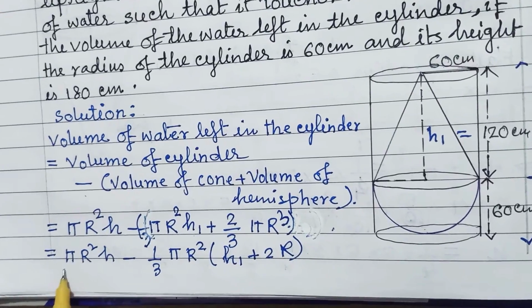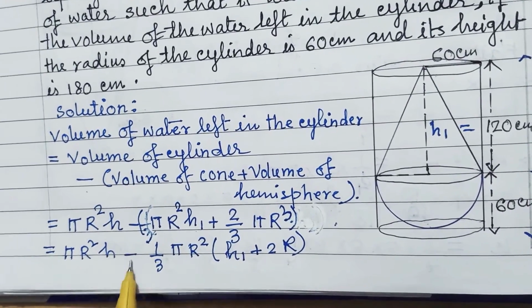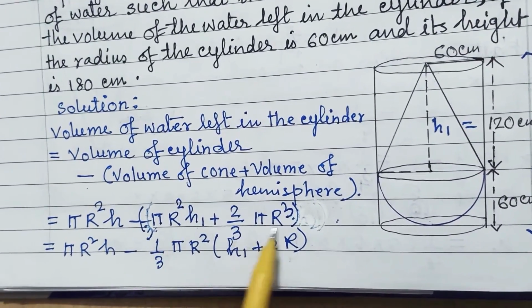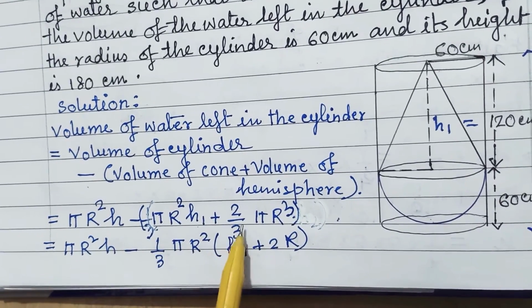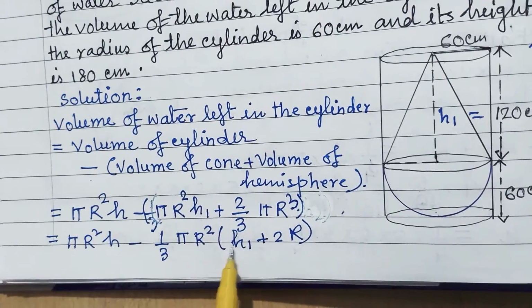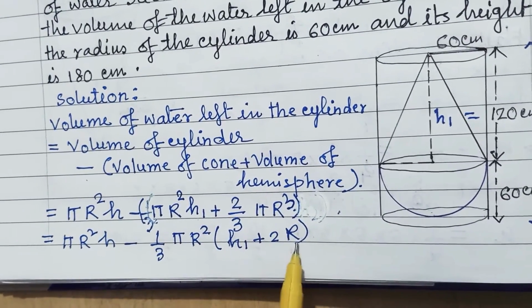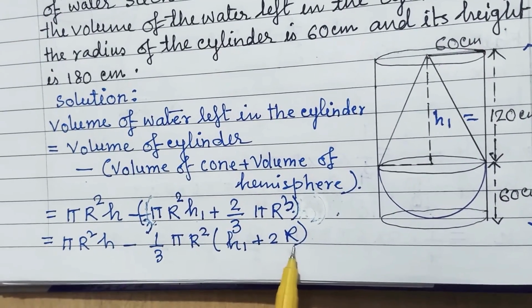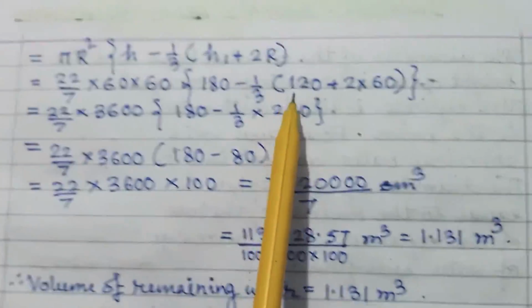Now, from these we can take 1/3 πr² as common. So it is πr²h minus 1/3 πr² into (h1 plus 2r). Now substitute the values.